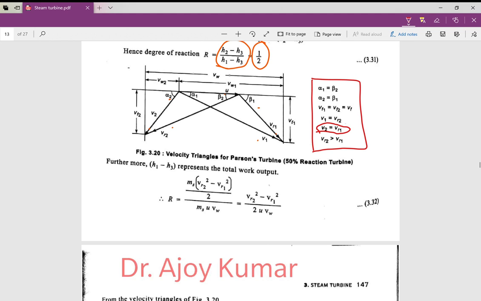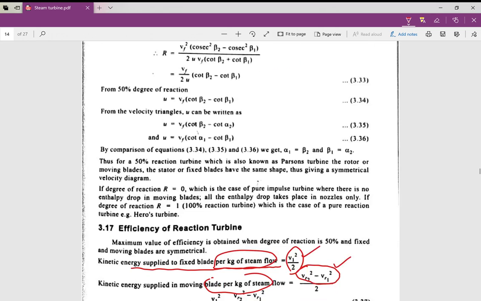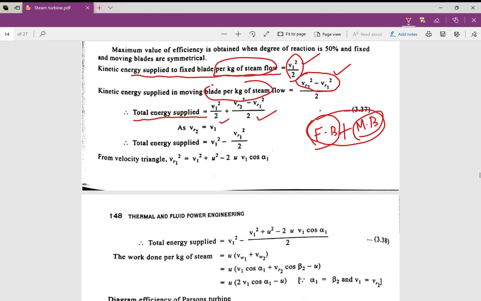So in this way we can write from this velocity triangle Vr2 is equal to V1.